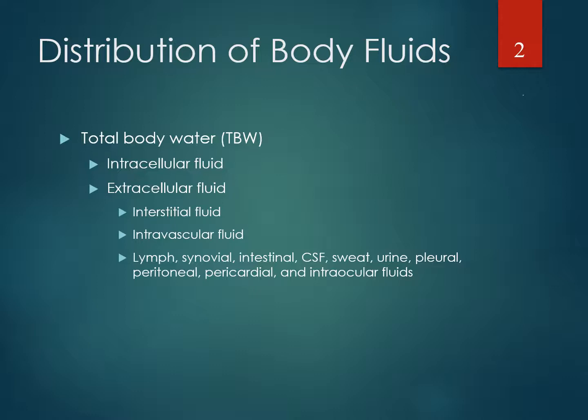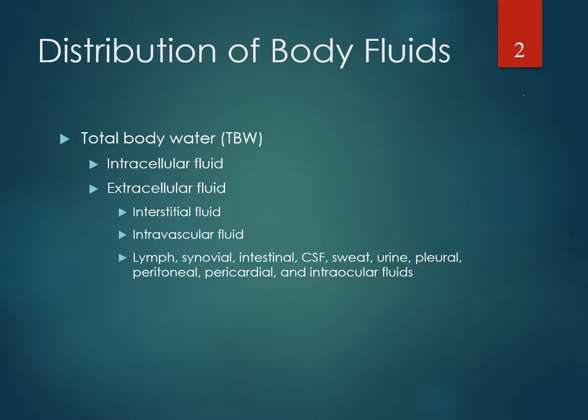A third compartment in which fluid is found is the transcellular compartment, which includes the following types of fluid: peritoneal, pleural, pericardial cavities, your cerebrospinal fluid, and fluid in your joint spaces, your lymph system, your eyes, and your gastrointestinal tract. Transcellular fluid makes up about 1% of the body fluids.